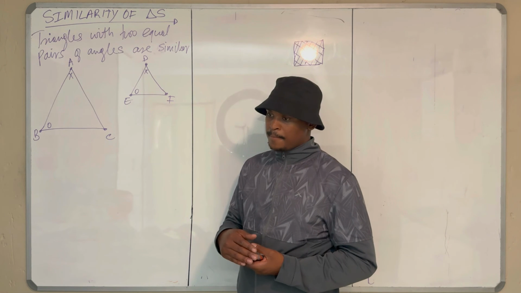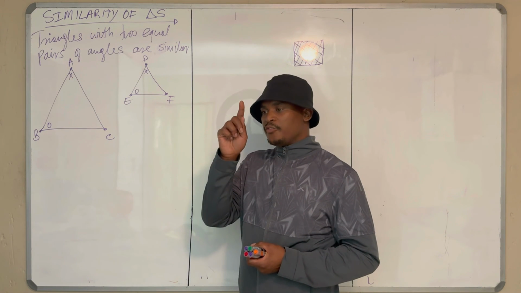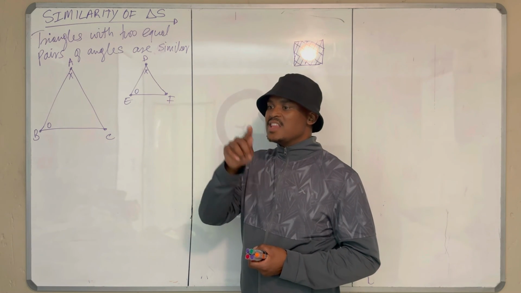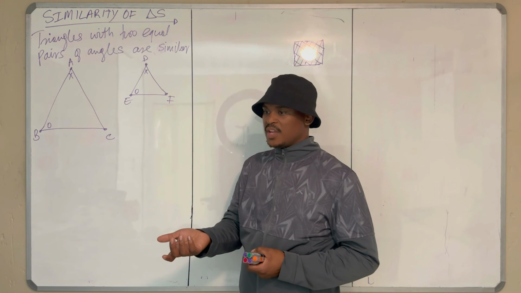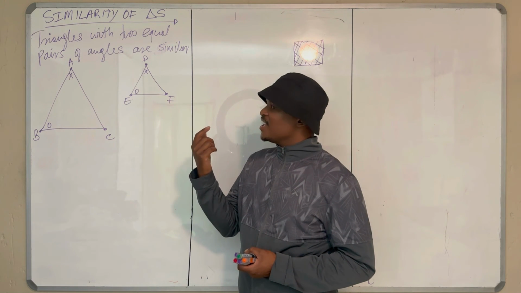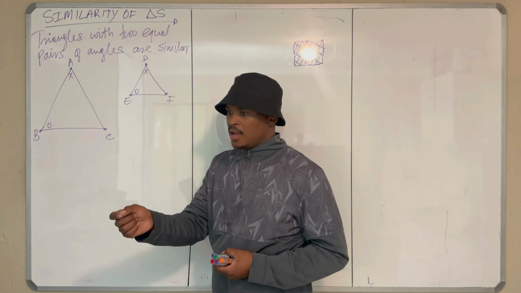Are you following? Yes. So now, if you can show me that all the corresponding angles are equal, then what you need to know is that those triangles are similar. Are you following?